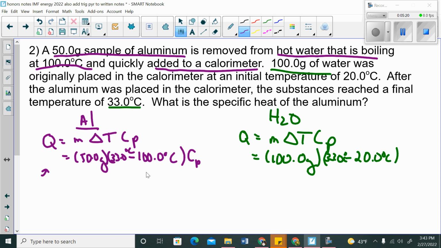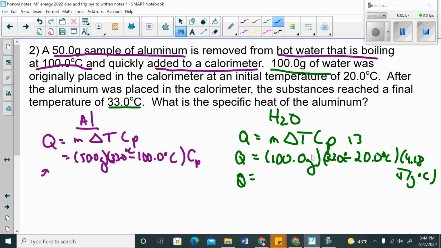If you can calculate the heat of the water, you can use that to help calculate the specific heat of the metal. In order to calculate the heat of the water, you need the specific heat, which is usually that 4.18 joules per gram degrees Celsius. I should have given it up here, but even in the lab I'll probably reference it somewhere. I just forgot this in the example, but nonetheless, you have it now. If you calculate this now, 33 minus 20 is 13.